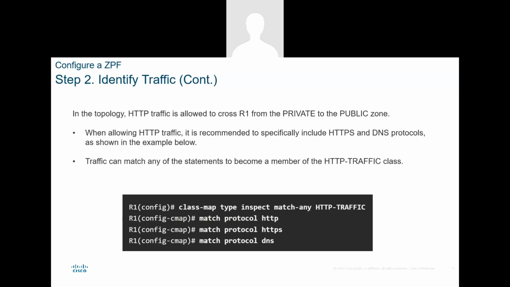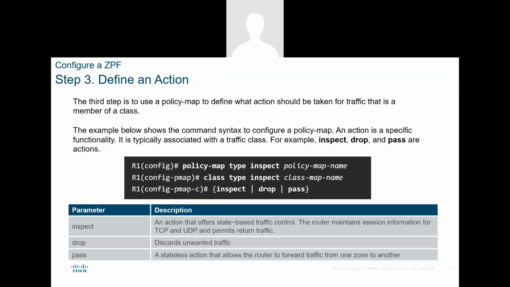Now, the next step is we're going to define an action with a policy map. After we classify our traffic, we go into the next step to define firewall actions using the policy map. Once again, the policy map assigns those actions of either inspect, drop, or pass to the traffic.